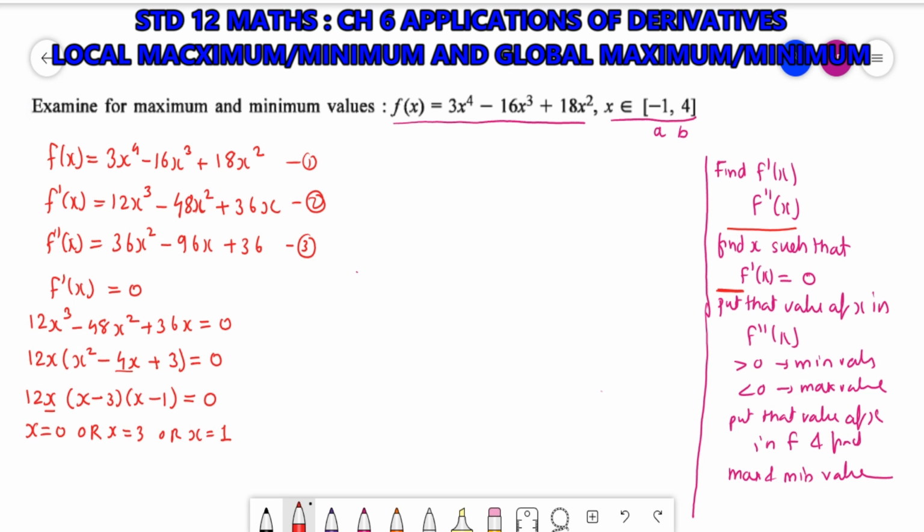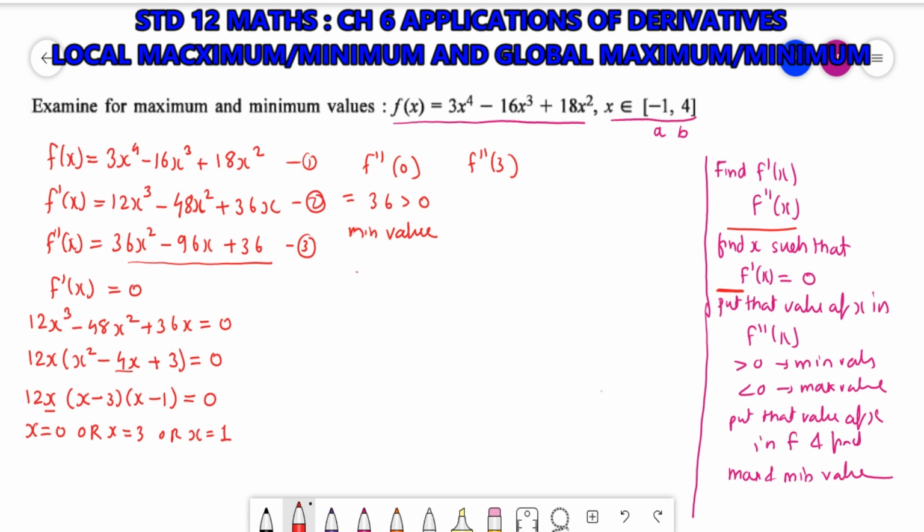So now first, from 3, f double dash 0: 36 into 0 squared minus 96 into 0 plus 36, it will be 36, greater than 0, therefore minimum value. If it is greater than 0, that means the function will have a minimum value. Now f double dash 3.